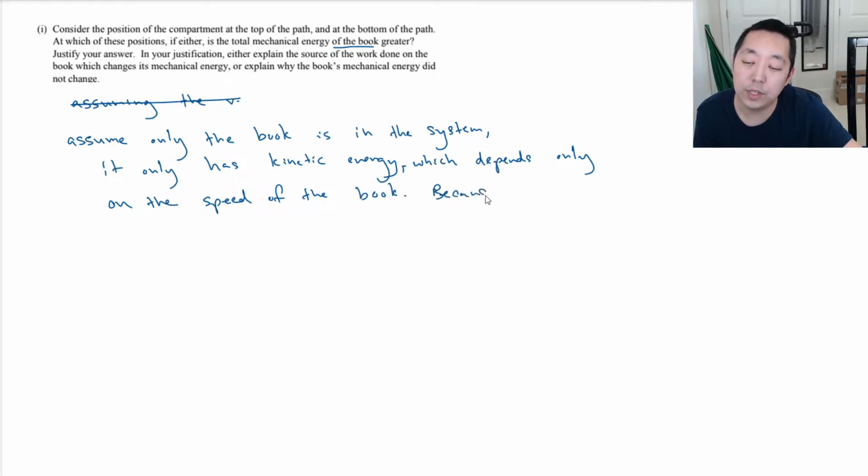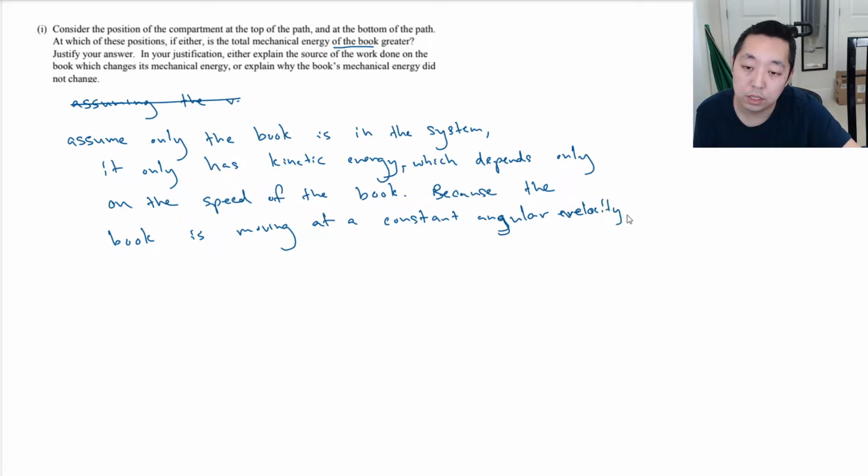Because the book is moving at a constant angular velocity, the tangential velocity is the same, it is constant.